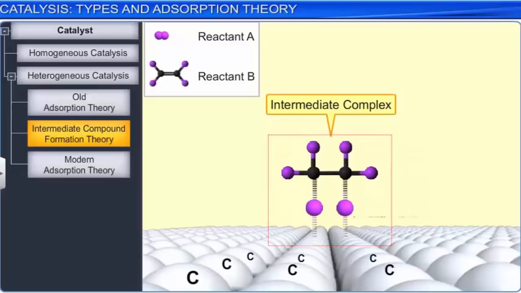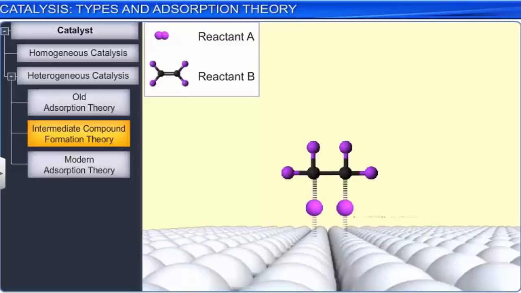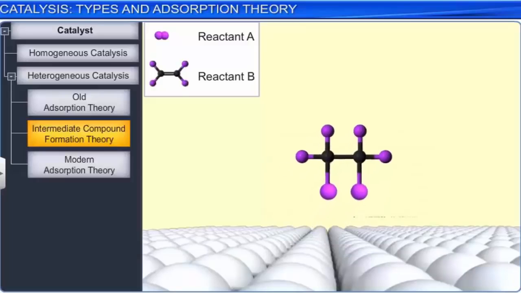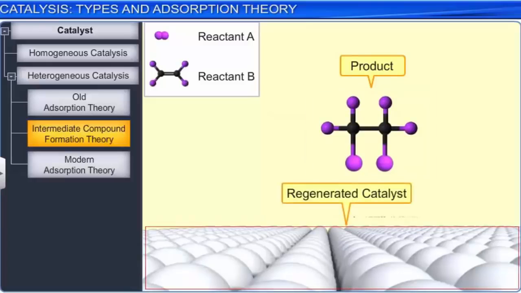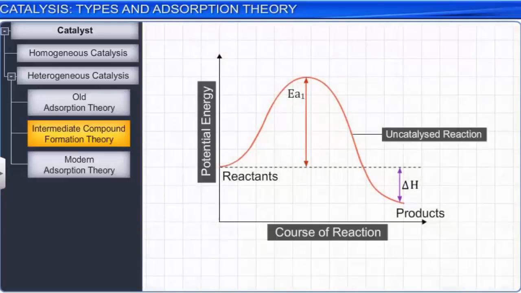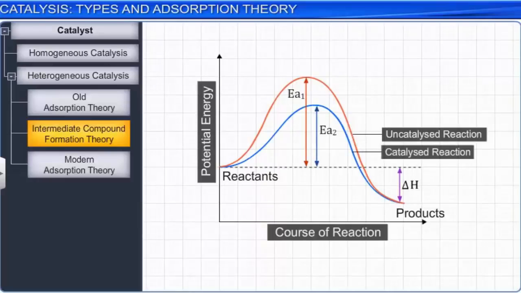This intermediate complex is short-lived and decomposes to give the products, while the catalyst is regenerated. You already know that the presence of a catalyst provides an alternate path to the chemical reaction. A look at these curves shows that the activation energy of the catalytic path is much lower than the non-catalytic path.